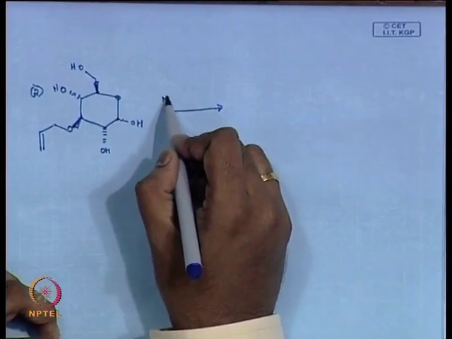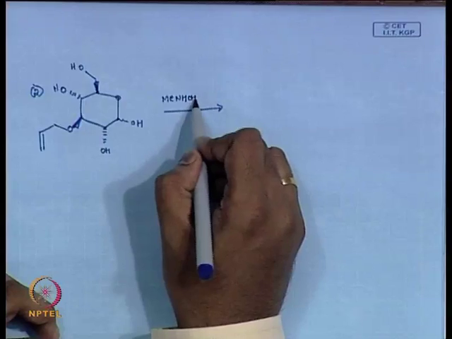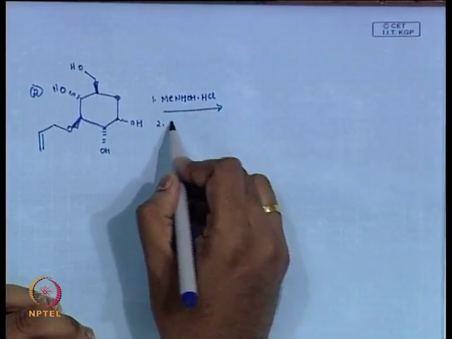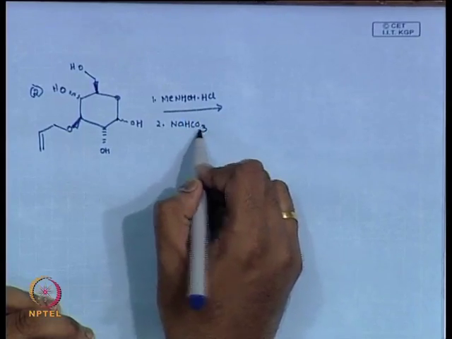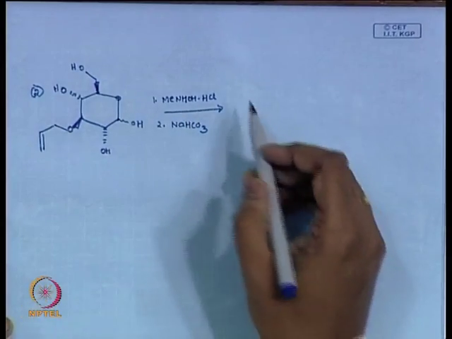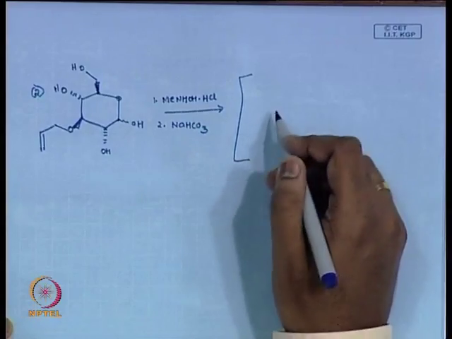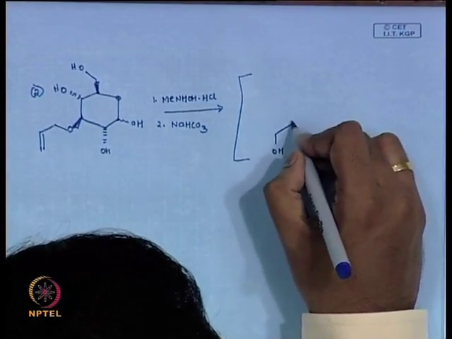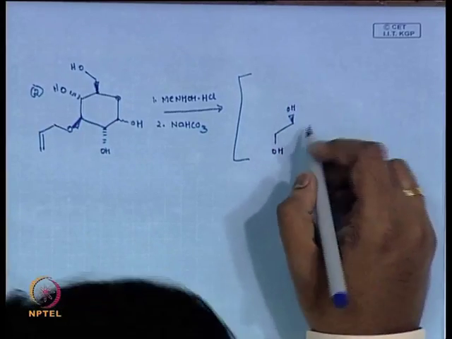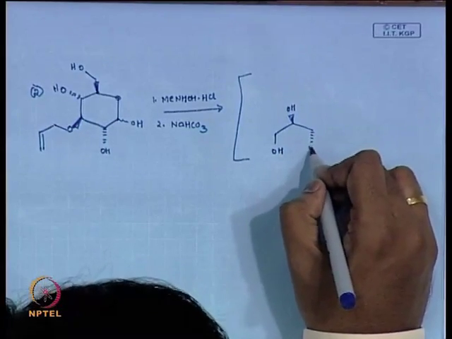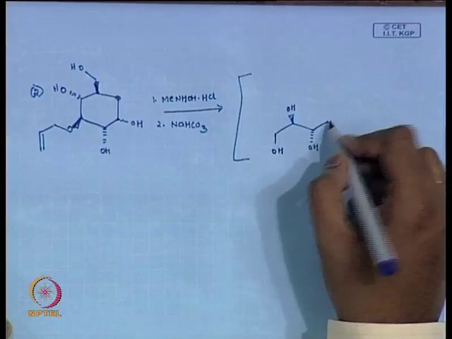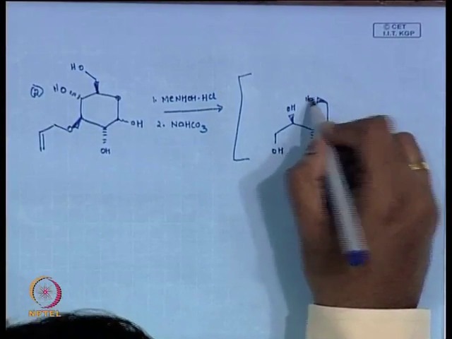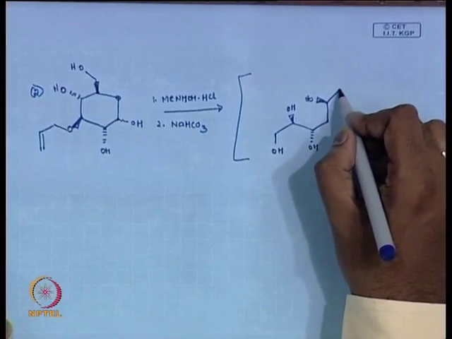But if I treat it with hydroxylamine, sodium bicarbonate, now you can see you will get a very nice intermediate with OH. And this part breaks out because you have studied that.